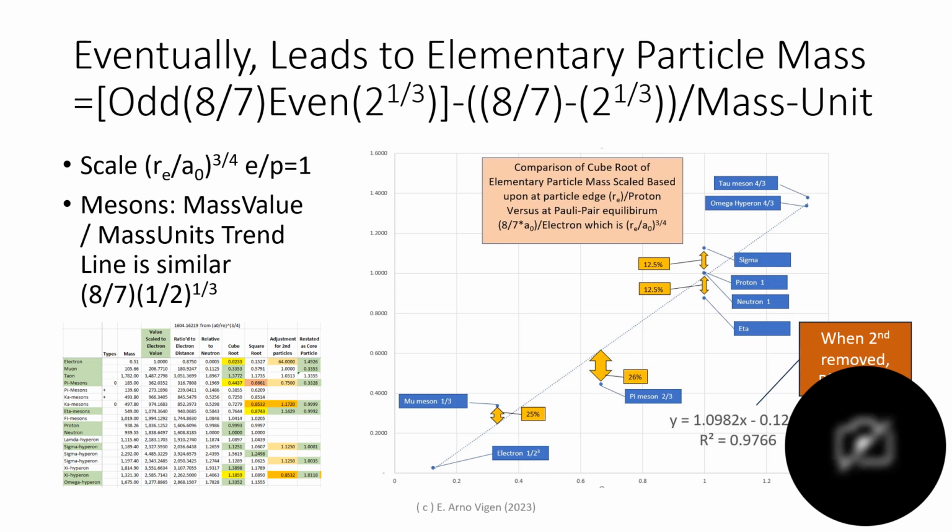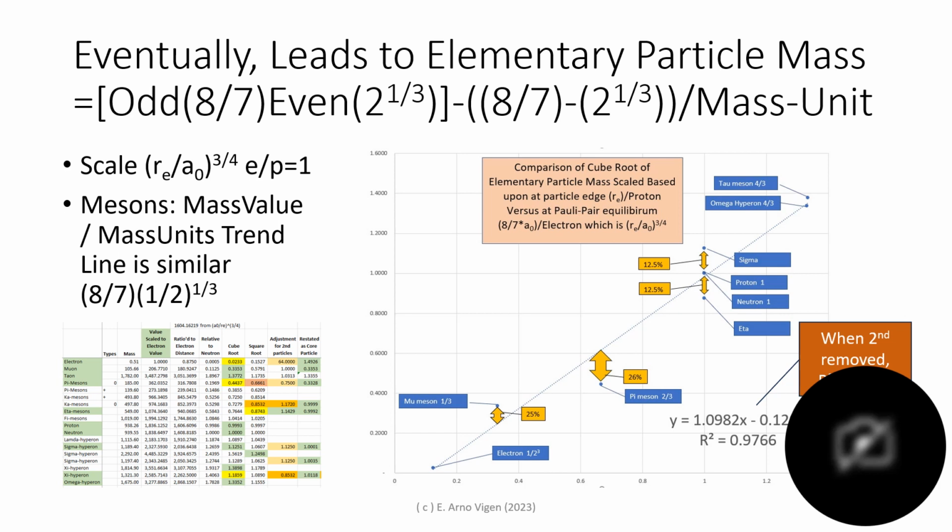And guess what that ratio of 1.1032 is? That is 8/7 times 1/2 to the cube root, the number I already found. So amazingly enough, all that we're doing in elementary particle standard model now applies as the fixed rate for that.